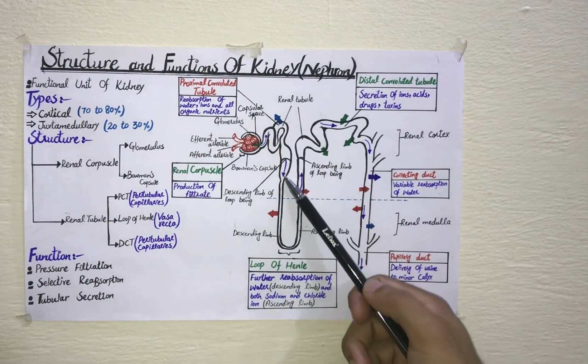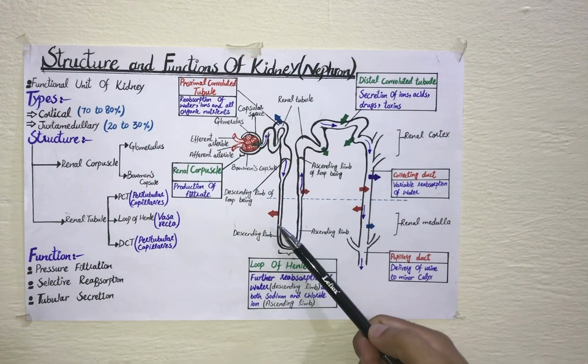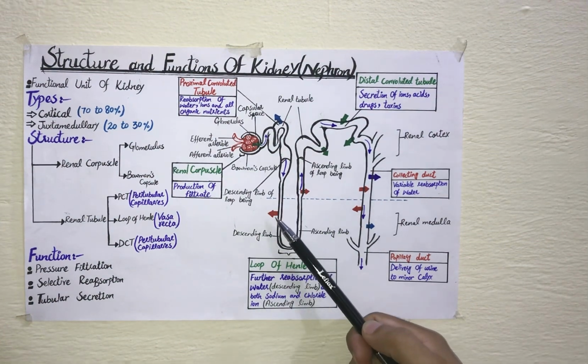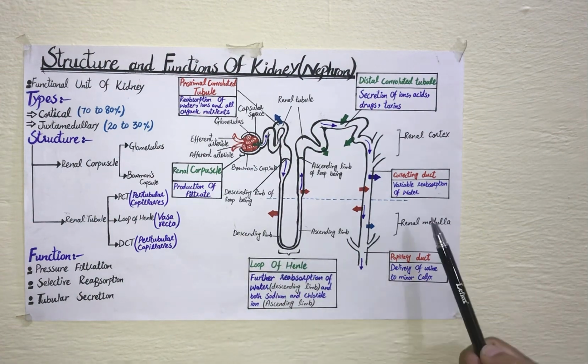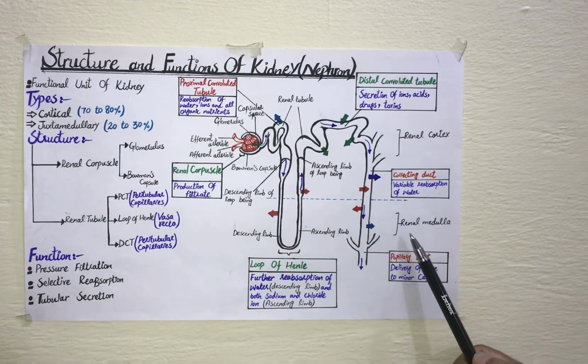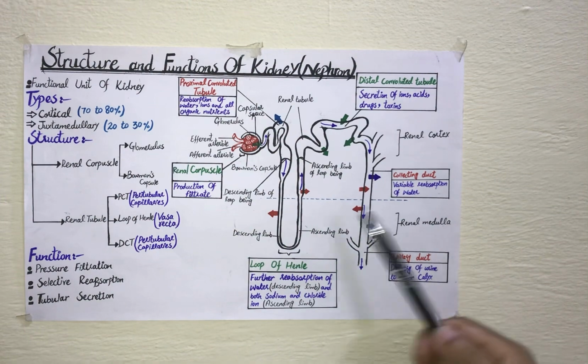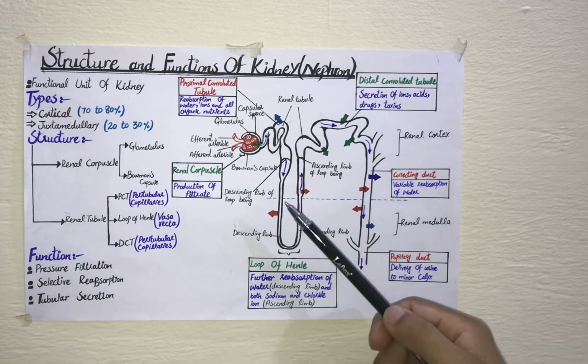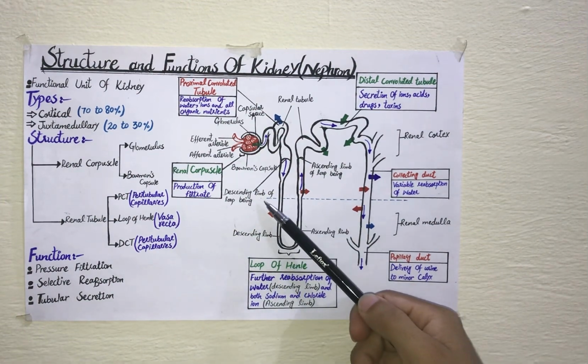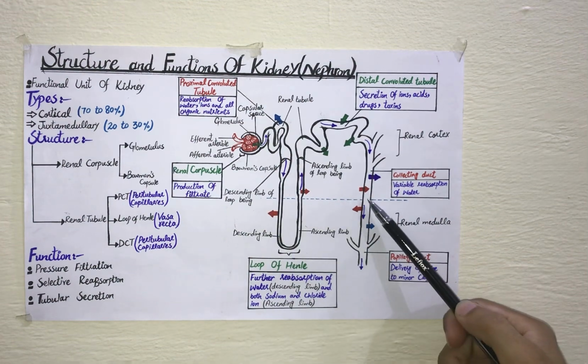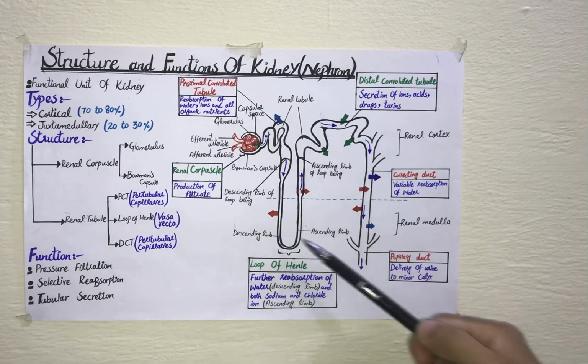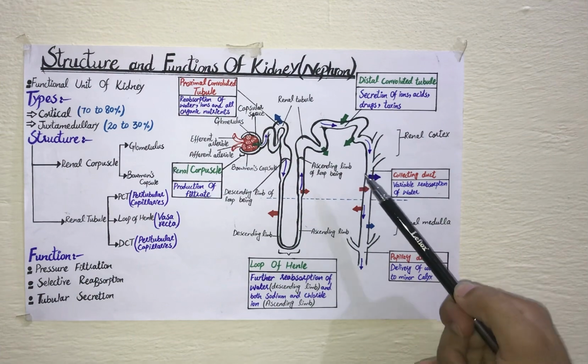When the filtrate goes down the descending limb of the loop of Henle, water is reabsorbed back into the blood through osmosis because of the higher, hypertonic salt concentration in the renal medulla. If you observe closely, I have drawn a line here that indicates a juxtamedullary nephron.